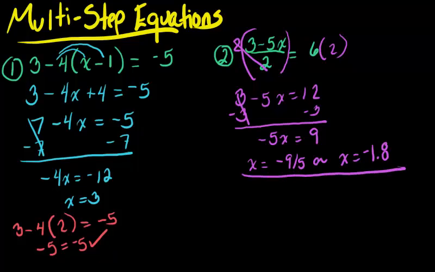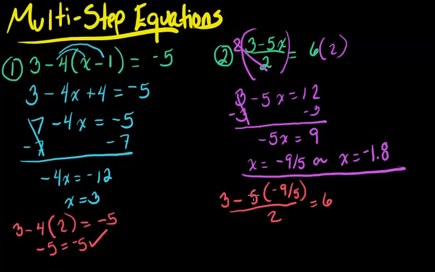All right, checking the work. We'll put this one back in red to check. We're going to say 3 minus 5 times negative 9/5, divided by 2 equals 6.